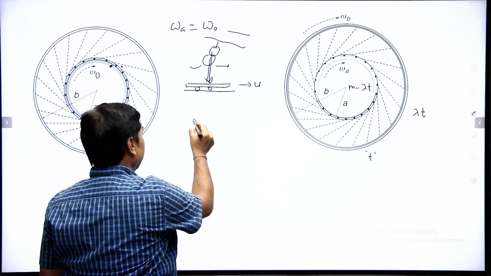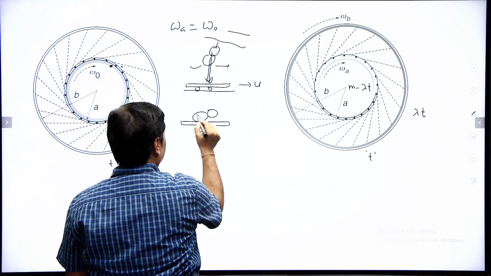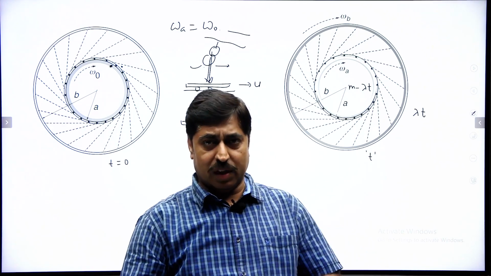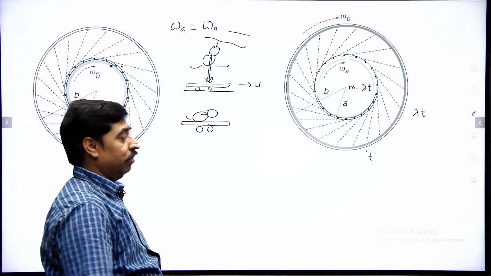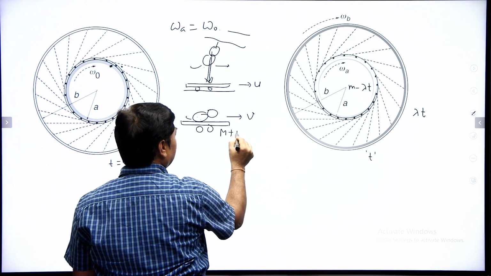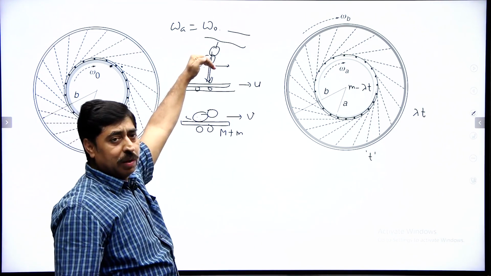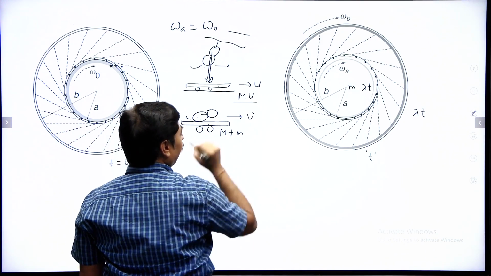But after the monkey lands on the cart and it has stabilized itself, that means slipping between the feet of the monkey and the cart surface has stopped, the monkey is now stable on the cart. After it has stabilized itself, this whole thing is going with some velocity v. So, now M plus m mass is moving with velocity v in the horizontal direction, whereas just before the monkey lands, only M mass is moving with velocity u in the horizontal direction.